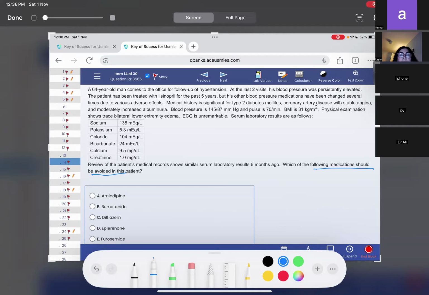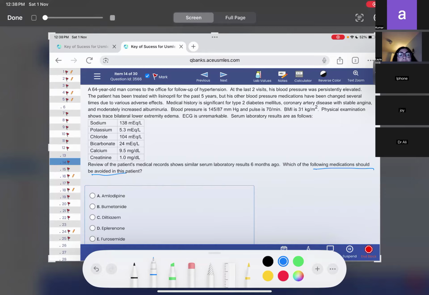Medical history is significant for type 2 diabetes mellitus, coronary artery disease with stable angina, and moderately increased albuminuria. Blood pressure is 145/87 and pulse is 70 per minute. BMI is 31. Physical examination shows trace bilateral lower extremity edema. ECG is unremarkable.